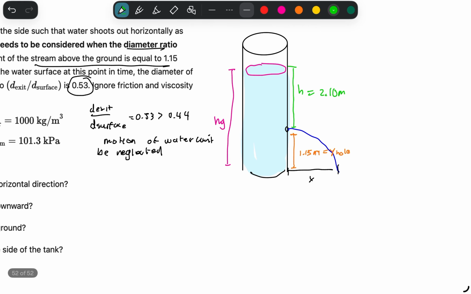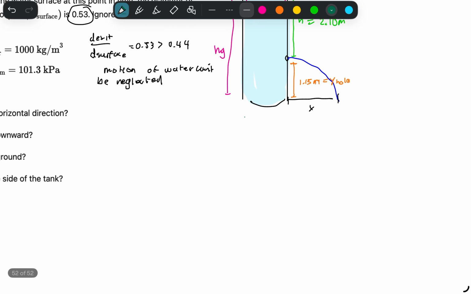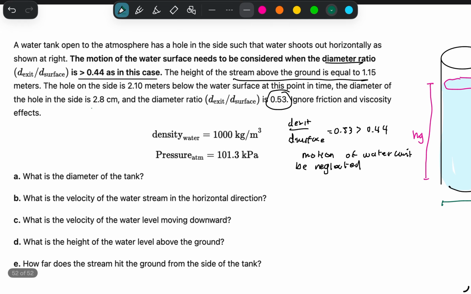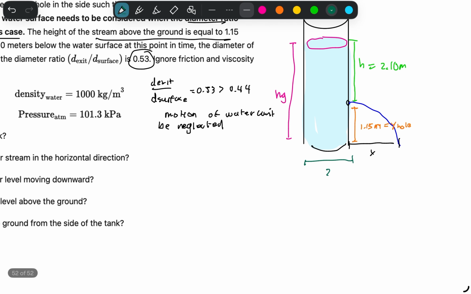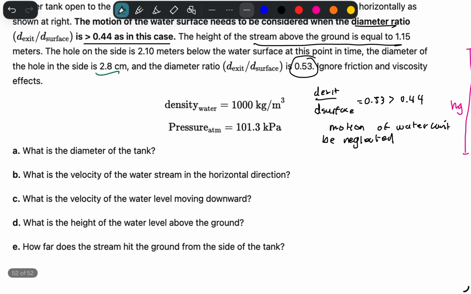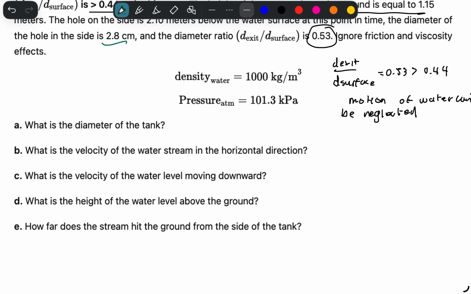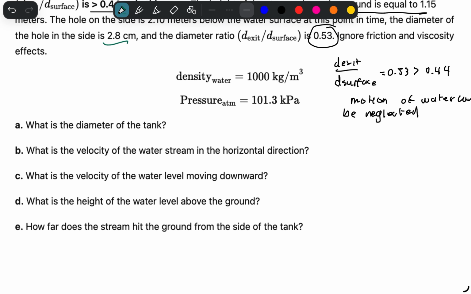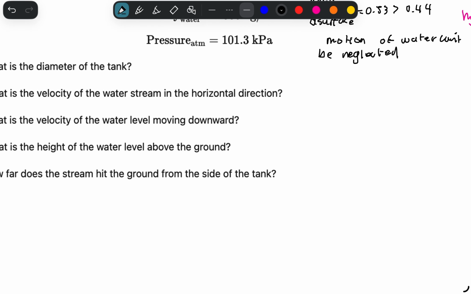We know that the diameter of the hole is given as 2.8 centimeters, aka 0.028 meters. And then we have our ratio d exit over d surface, and we're also given density, 1,000 kilogram per meter cubed. This is water. We also have the pressure of the atmosphere, 101.3 kPa.